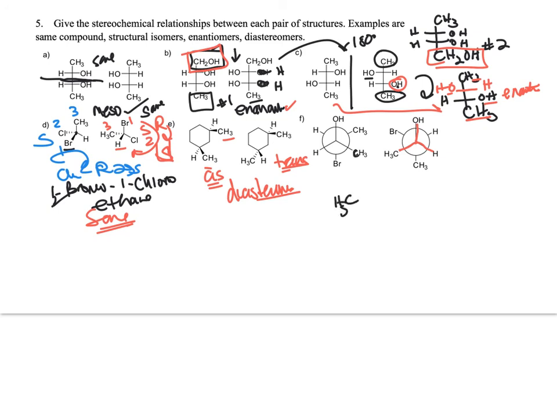So CH3, this is a carbon. I want you to be able to see that that's OH and an H, and then this goes to this carbon here, which is the blue. Call that the blue, and the blue is connected to a CH3, connected to a bromine, and it's connected to a hydrogen. Now the key is these are in the same plane here.